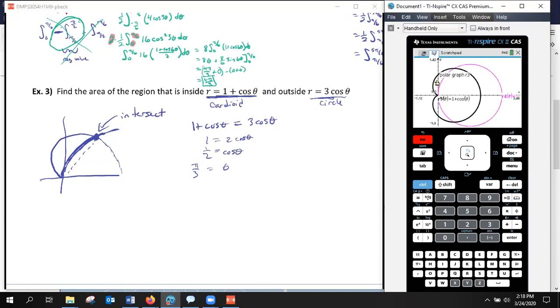Now, this pi over 3 is going to occur for both the circle and for the cardioid. Now, what's going to be a little bit different is, and I'm going to do this in red, where do they intersect right here?